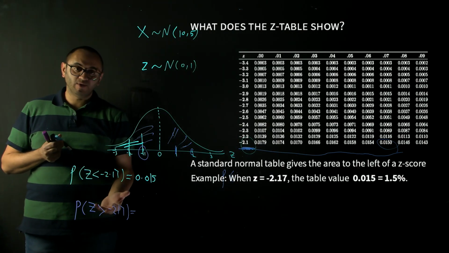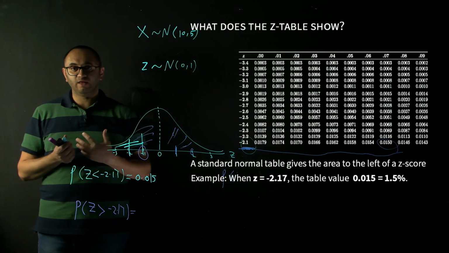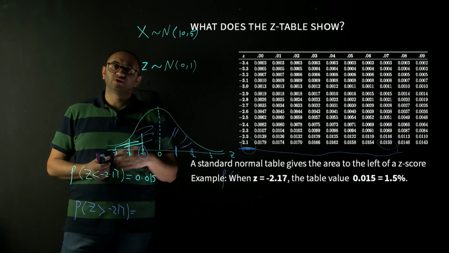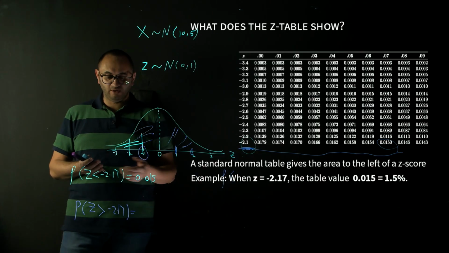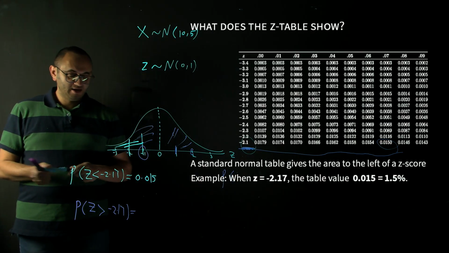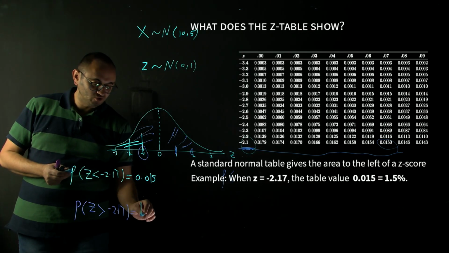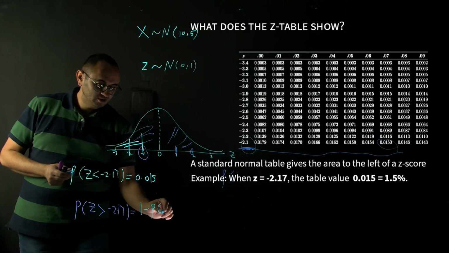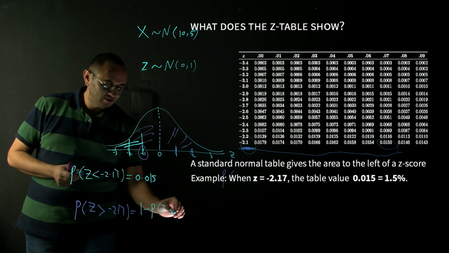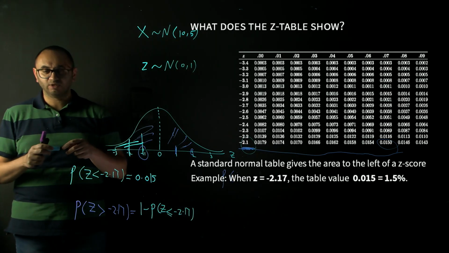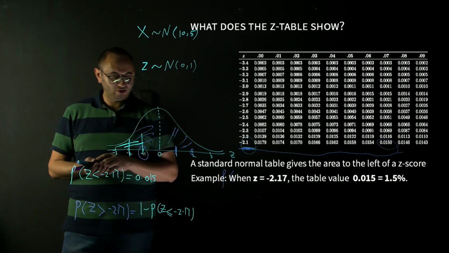This is the area above. We know that the entire area under the standard normal distribution equals 1, right? So the area above negative 2.17 equals 1 minus probability z less than negative 2.17. You can say less than or equal, it doesn't matter because this is a continuous distribution.